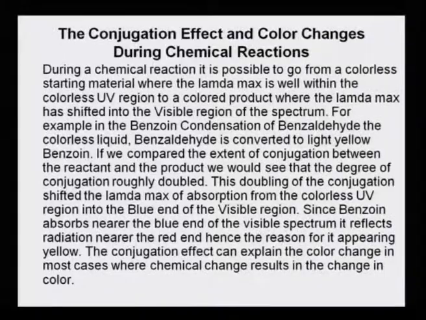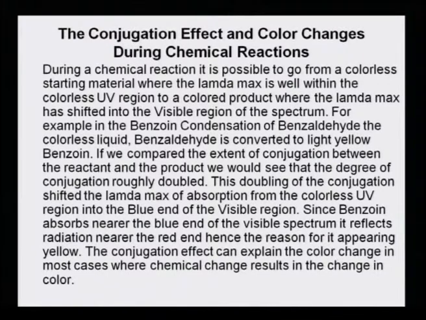For example, in the benzoin condensation of benzaldehyde, the colorless liquid benzaldehyde is converted to light yellow benzoin. If we compare the extent of conjugation between the reactant and the product, we would see that the degree of conjugation roughly doubled.